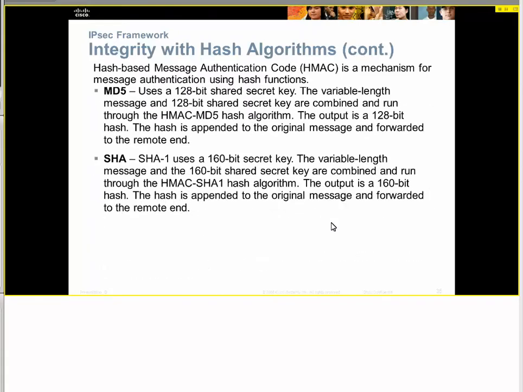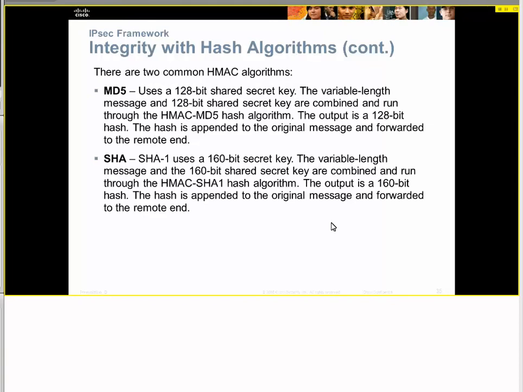The two algorithms that are most commonly used in HMAC are MD5 and SHA-1. Now, MD5 is considered to be a fairly decent, albeit not perfect, integrity algorithm, hash algorithm. It's a 128-bit shared key or secret key and a fairly decent algorithm.